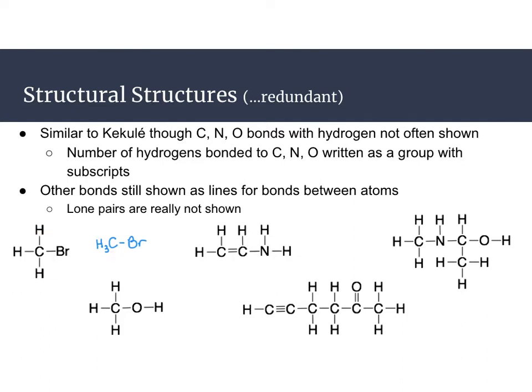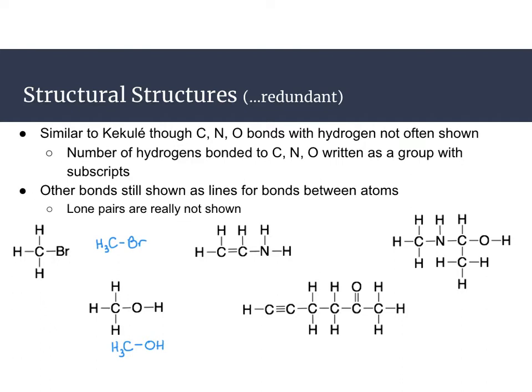Let's look at methanol down below. Again, that C and O bond is going to be preserved because it's not to a hydrogen. But then similarly to our example up here, I'm going to do an H3 next to this carbon to show that there's 3 hydrogens bonded to it. And then I'm just going to put one H written right next to the oxygen. I don't need a subscript of 1. We're basically just eliminating drawing that bond in between that oxygen and hydrogen.